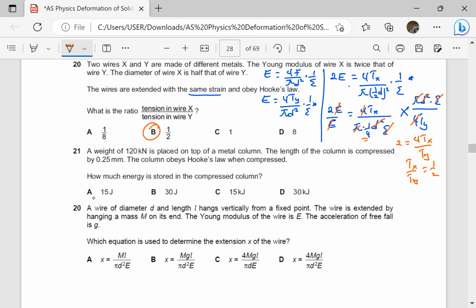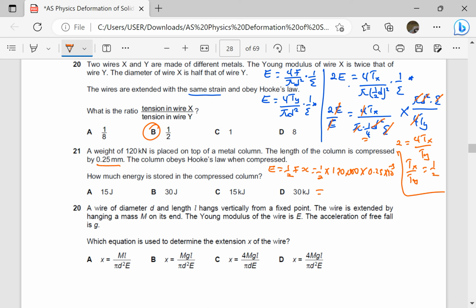A weight of 120 kilonewtons is placed on top of a metal column. The length of the column is compressed by 0.25 millimeters. The column obeys Hooke's law when compressed. How much energy is stored? So energy is going to be equal to a half times F times X. So this will be a half times 120,000, then times 0.25 times 10 power negative 3.